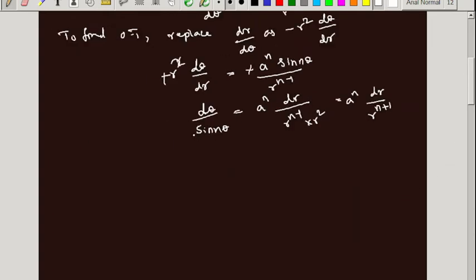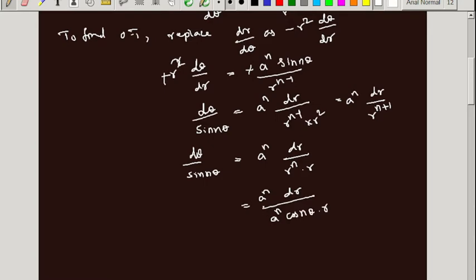So here we do a small modification: d theta by sin n theta equal to, on the right hand side, a power n into dr dividing by r power n plus 1, which we write as r power n into r. So a power n into dr dividing by r power n is given by the quotient a power n into cos n theta into r.